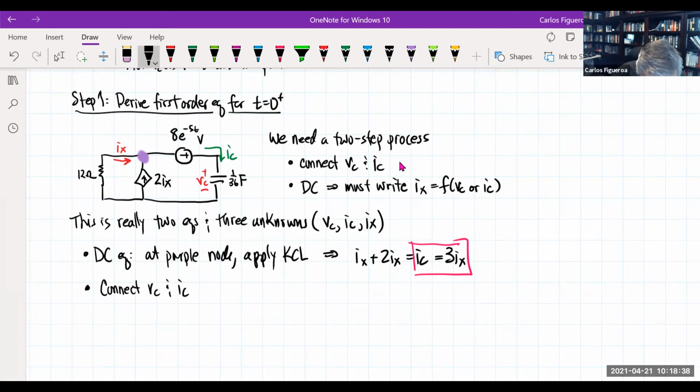It doesn't make any sense to use a KVL loop that includes the 2IX, because the voltage across the 2IX should be the same as the voltage across the 12 ohm. So what I'm going to do is apply a KVL loop around the outside.